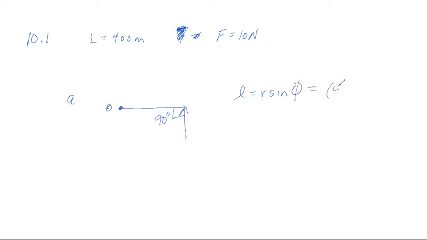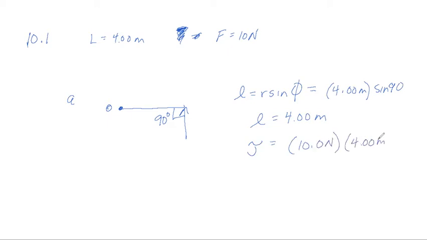That equals 4.00 meters times sine 90, which is 4 meters. L equals 4.00 meters. And then the torque is going to be 10.0 newtons times 4.00 meters, which is 40 newton-meters.